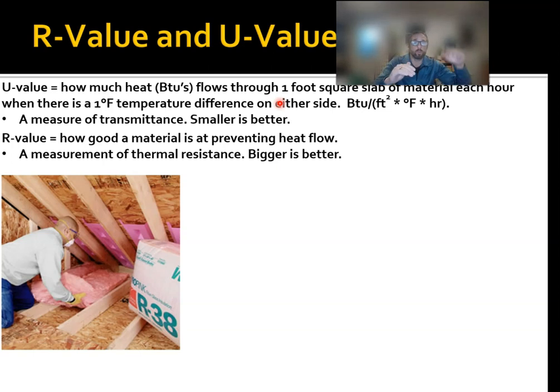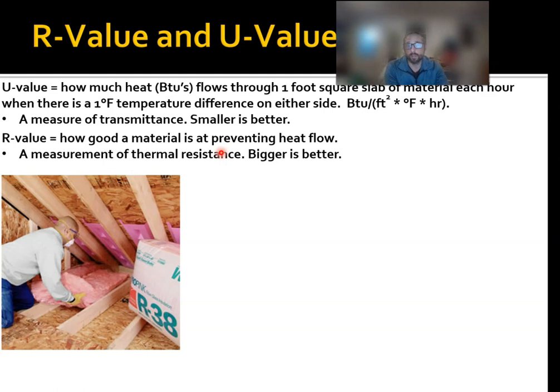But R is 1 over U, so if you drop the U and divide 1 by that, you can do some sample calculations on a calculator if you want, and watch how the U goes down, the R goes up, because you're dividing 1 by it. And so higher R is better. Now this is nice. It's convenient because it's very intuitive.